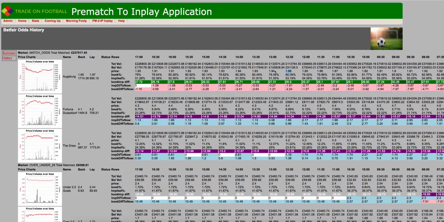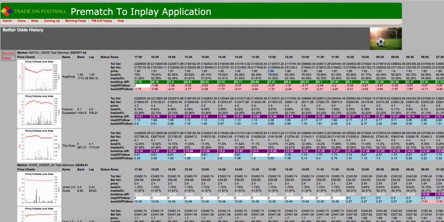Once you got up here to 1.94, you could probably again move your stop loss 3 or 4 ticks back, or you can keep it at your entry point and just see how far you go with it. As you can see, it went up to 1.93, 1.94, 1.91, 1.95, and as it's solid pink here, it's still showing a tendency to drift.